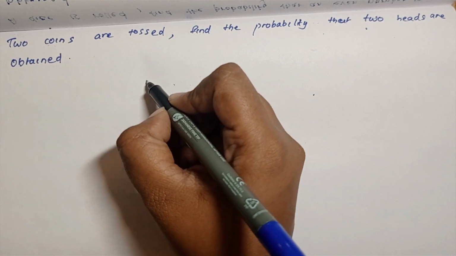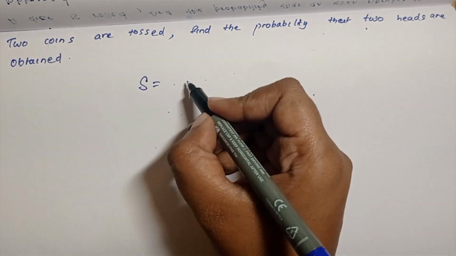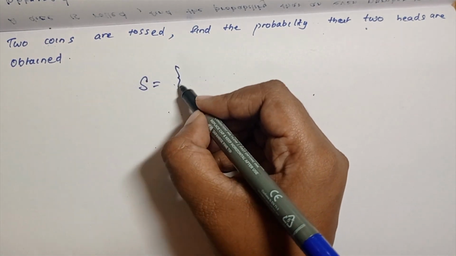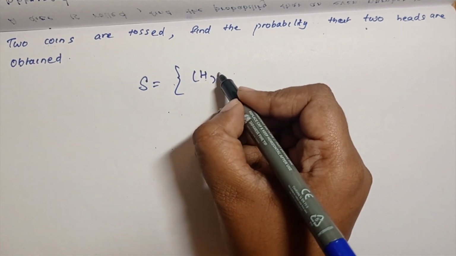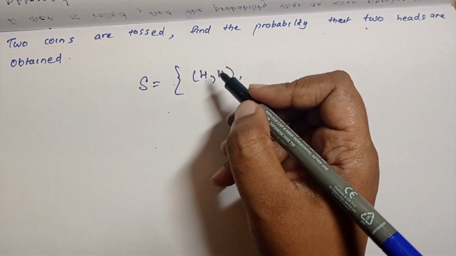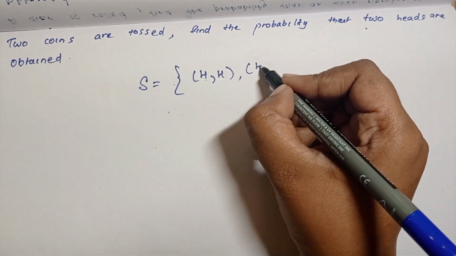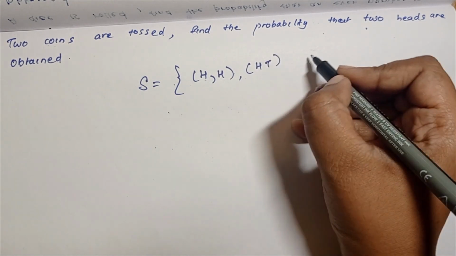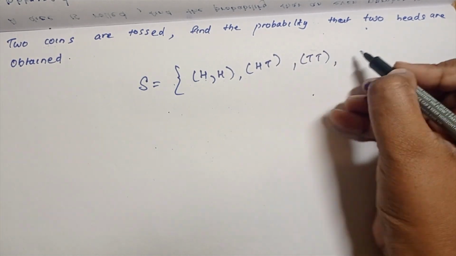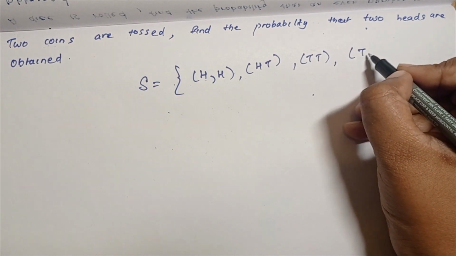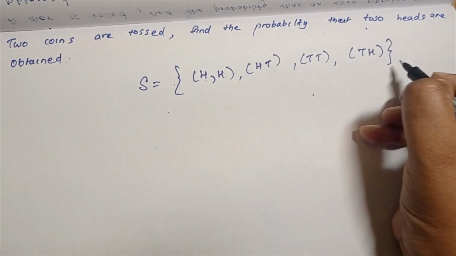So when two coins are tossed, what are the various possibilities? You will get two heads. You can get one head and one tail. Two tails you will get, and you will get one tail and one head.